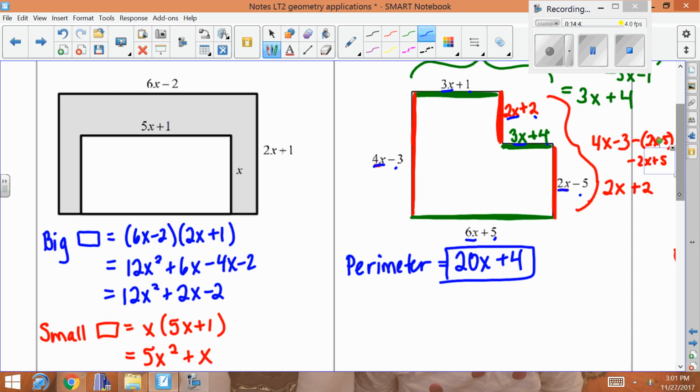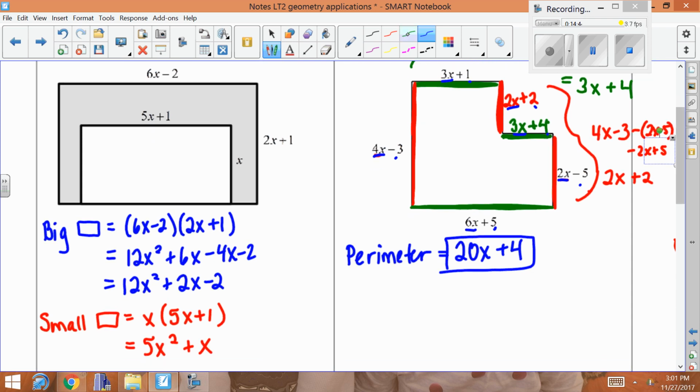Again, there are a lot of different ways that you can do the area, and I don't want to necessarily confuse you by showing you all of them, but there really are a lot of different ways that you can go about it. You can kind of treat it like you did in number 3. You can find the bigger rectangle, find this whole rectangle here, and then subtract the smaller rectangle. That's one option.